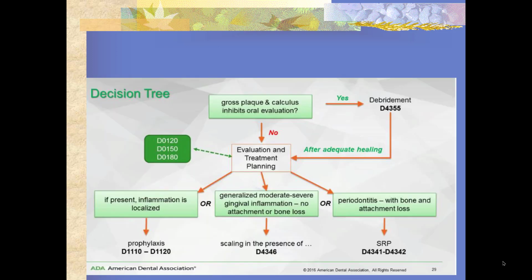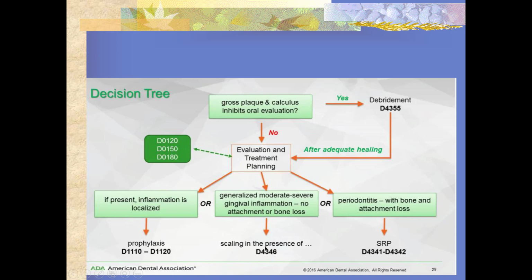This is here, I'm not going to test you on it, but I do think it's a good idea to have an idea about the insurance codes, and it will be helpful for when you go into private practice, if they haven't changed by then. It's just thinking about who is a prophy, when you basically have gingivitis, scaling in the presence of inflammation, and then when you have perio, these are the different insurance codes.